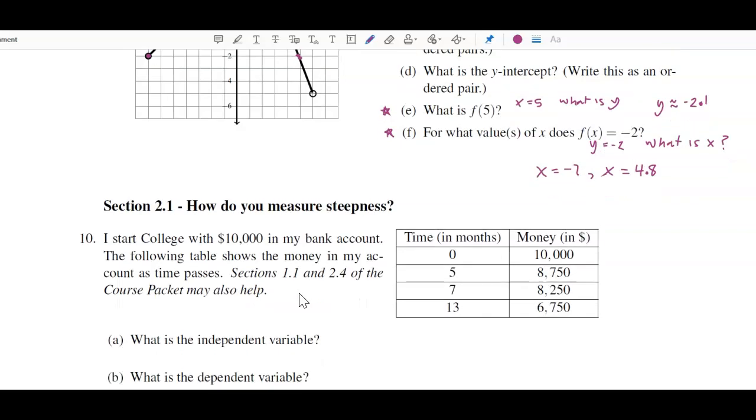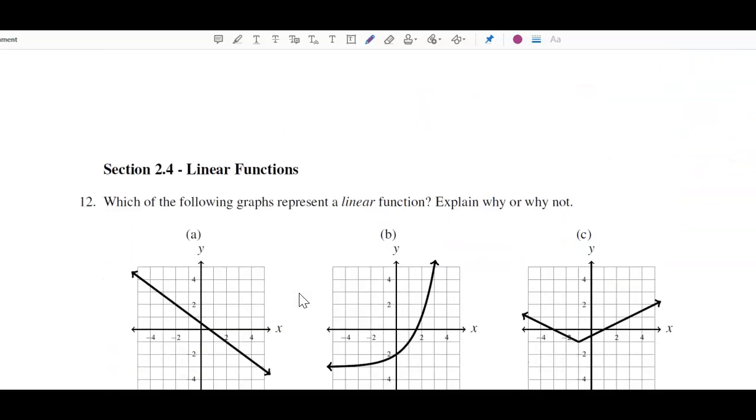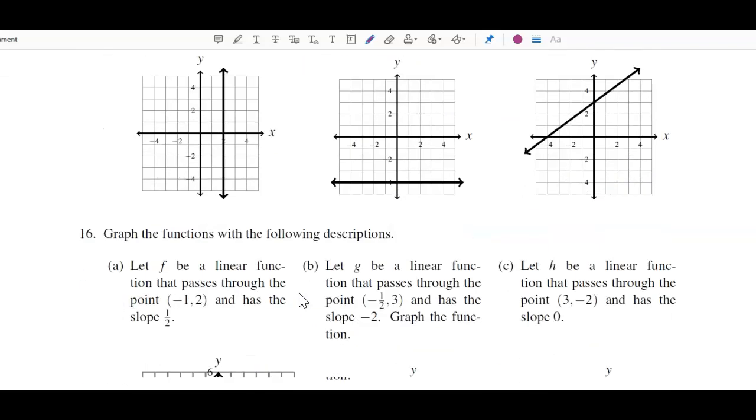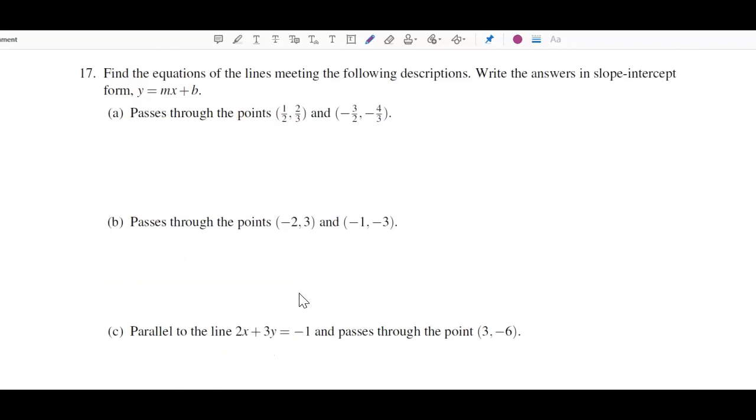Okay. Let's skip down to, I want to make sure I have time to do some of these other ones. We talked about these last time, finding the equations of lines. I would suggest that you go back through and make sure you know these really well. If you're given 2 points, you have to find the slope and then write the equation of a line.